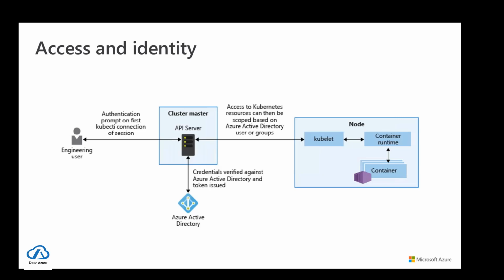So, Active Directory integration. The security of a Kubernetes cluster with AKS can be managed completely in Azure AD. And that is quite important if you're doing Kubernetes in Azure, because Azure AD is a strong identity management service, multi-tenant, obviously cloud-based, and provides directory services, application access management, and identity protection.